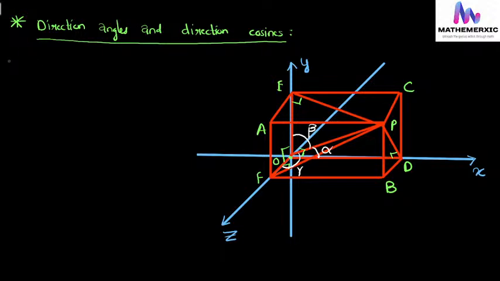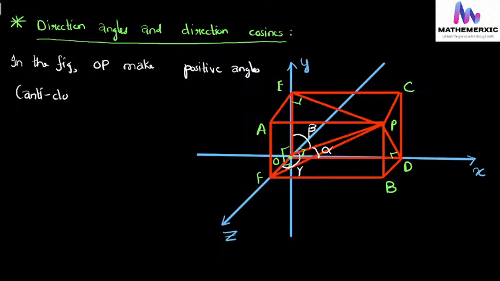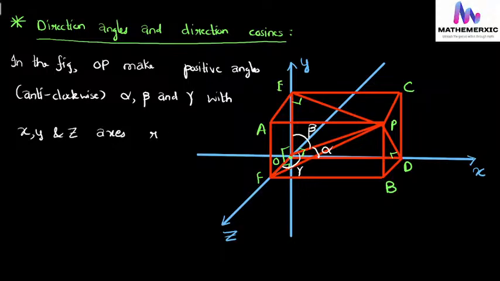So we can make the statements like, in the figure, OP makes positive anti-clockwise angles alpha, beta and gamma with x, y and z axis respectively.